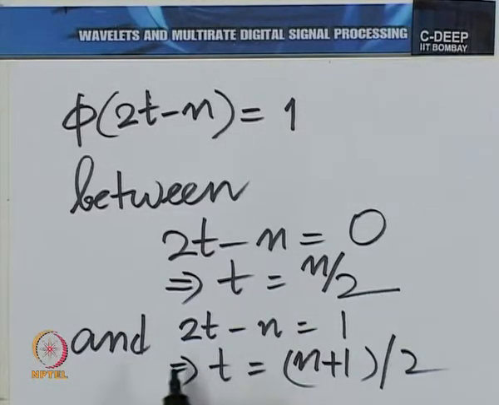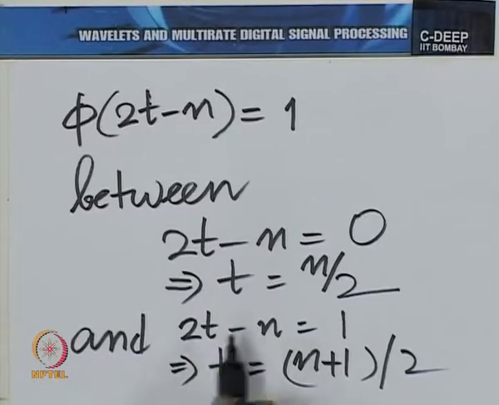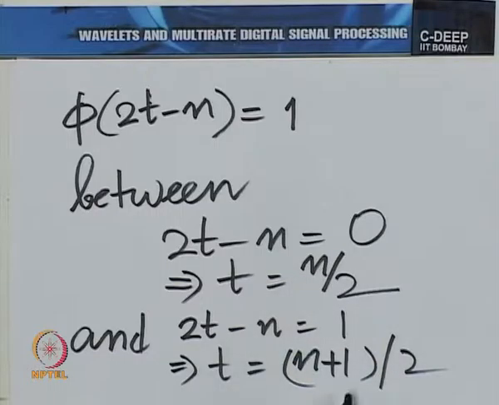So, for example, phi 2 t minus 1 is going to be 1 between 1 by 2 and 2 by 2, half and 1, and that agrees with what we just wrote down.